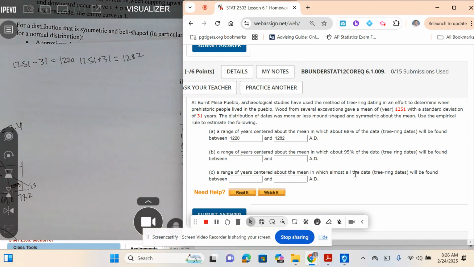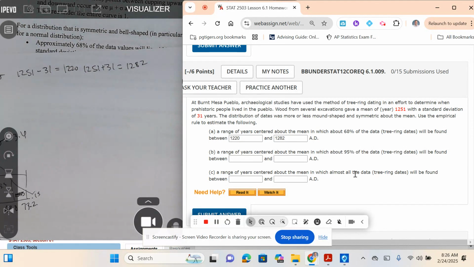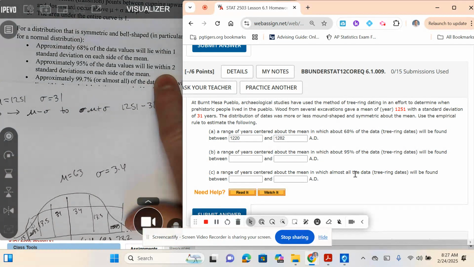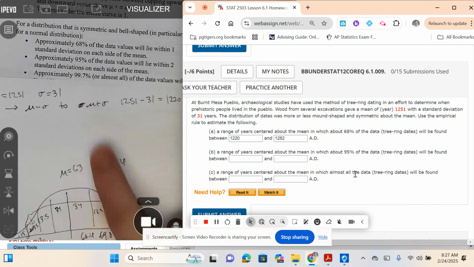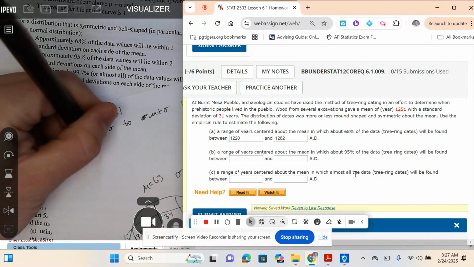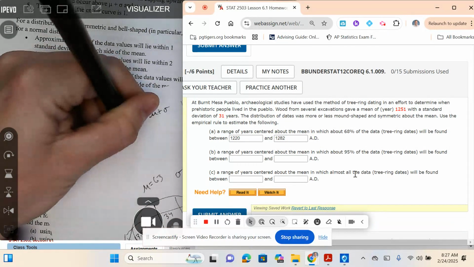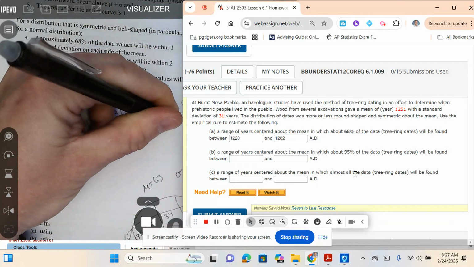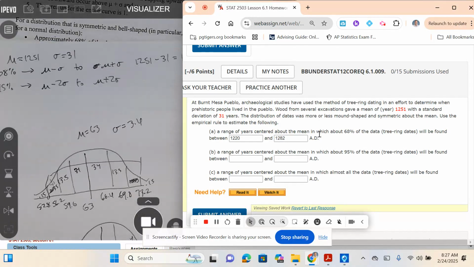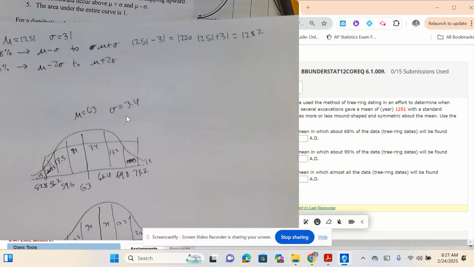Do y'all know what 95% is? 95% is within two standard deviations. So that's two below and two above. So 95% is two below to two above. I'm going to go back to this here.